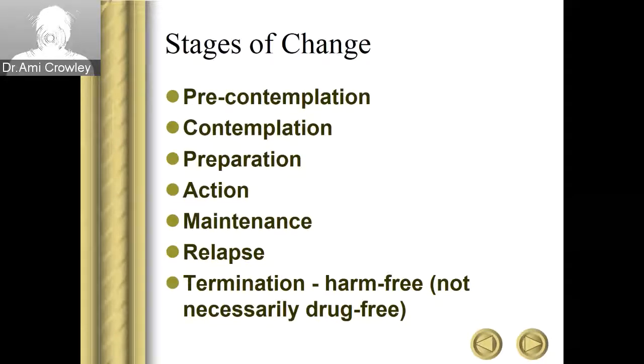So in harm reduction, we understand that relapses are likely to occur. And what a relapse means is that we need to go back and revisit the preparation stage. We need to look at our plan, figure out what didn't work, and create a better plan. And then termination, and termination in harm reduction means harm-free, but not necessarily drug or addictive behavior-free.